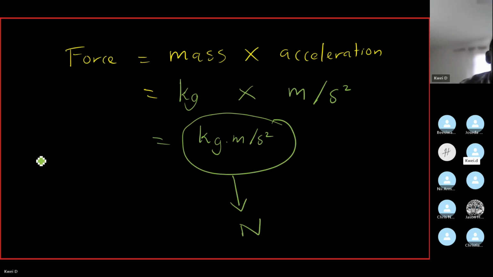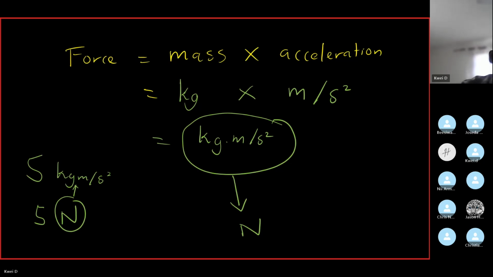So instead of writing 5 kilogram meter per second squared, we can just write 5 Newton. You will be seeing the Newton a lot as you move further. Anytime you see the Newton, understand that it is just kilogram meter per second squared, which has been given the name Newton.